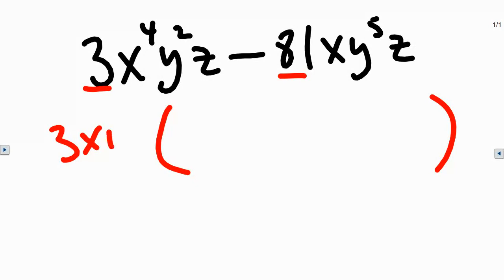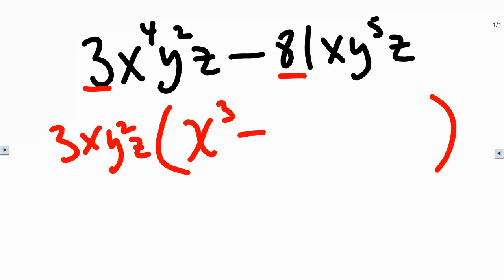There's at least 2 y's, so I can take out 2 y's, and there's just a single z in each one. So I'm going to reduce this by dividing out a 3, an x, a y squared, and a z. So on the first term, I see the 3 and y squared and z are all gone, and one of the x's, so I'm going to be left with x cubed.